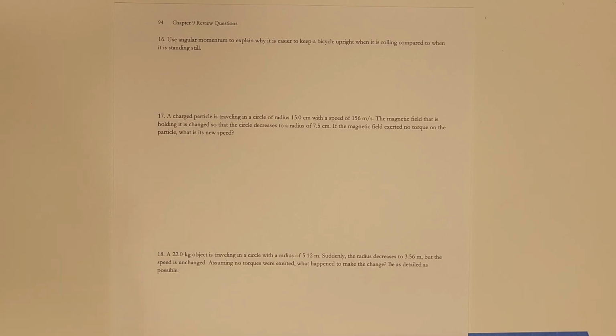And so to change that angular momentum requires a torque. And that adds to the torque needed that an unmoving bicycle would need to tip over. So there's more torque required when a bicycle is moving to tip it than what is required when the bicycle is standing still.